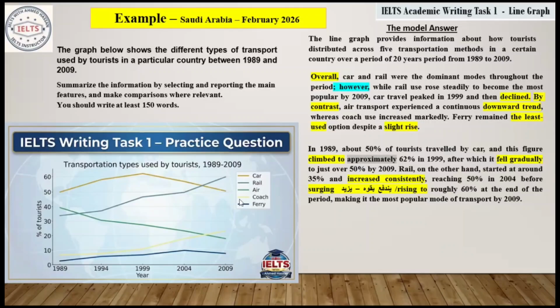Rail, on the other hand, started at around 35% and increased consistently, reaching 50% in 2004 before surging to roughly 60% at the end of the period, making it the most popular mode of transport by 2009.